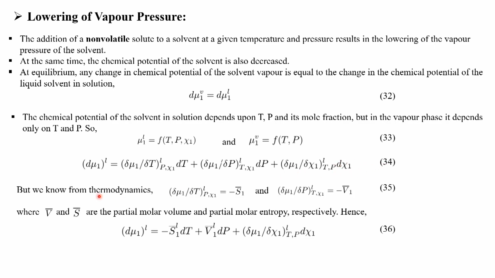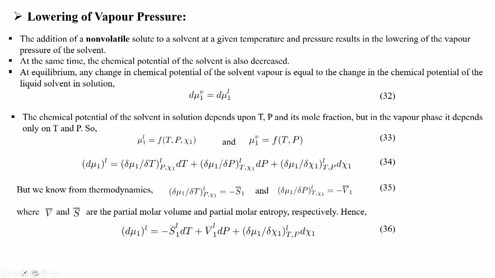But from thermodynamics we know del mu by del T at constant pressure gives you minus S1, the entropy of component 1, and del mu by del P at constant T gives plus volume V1, where V and S are the partial molar volume and partial molar entropy respectively.